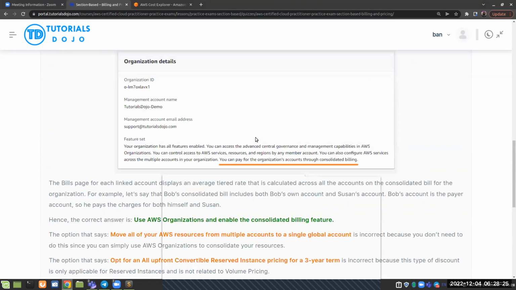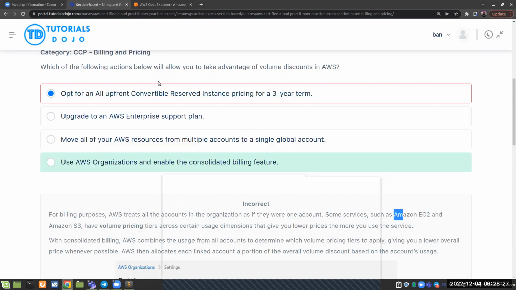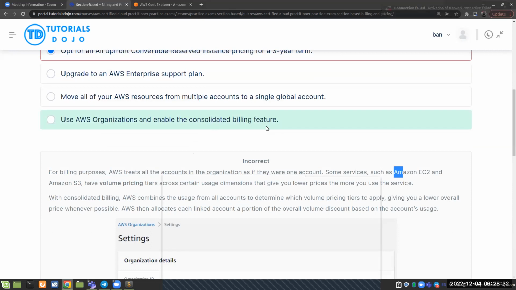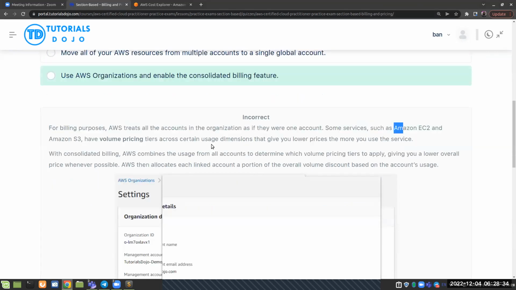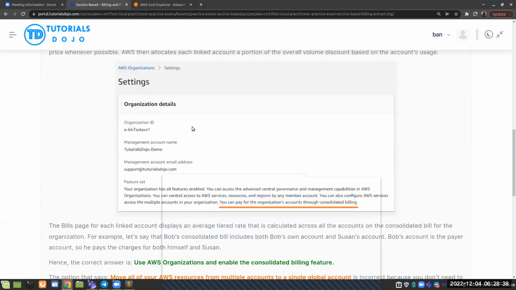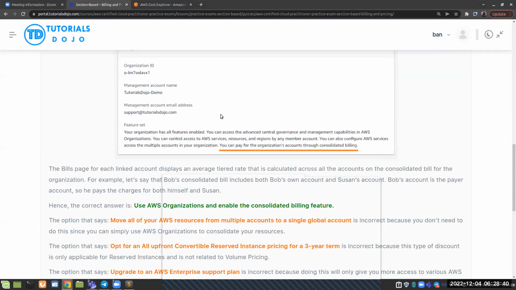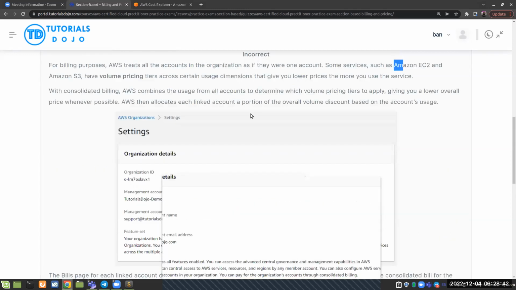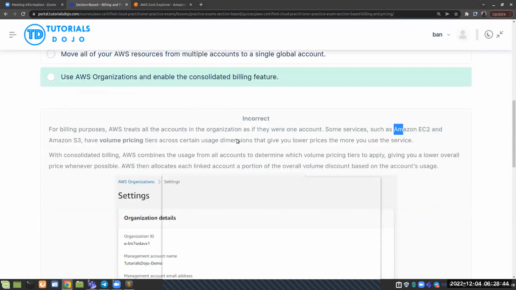But one thing I would like to highlight is that when you are using AWS Organizations and you enable only the consolidated billing feature, then you only have that feature. You are trying to have the cheapest cost all the time for EC2 and volume discounts and maybe other things.